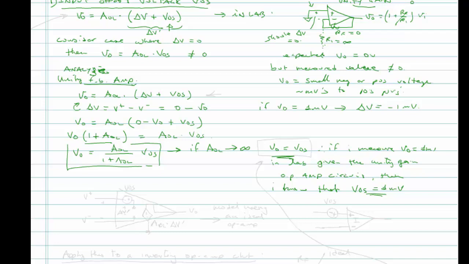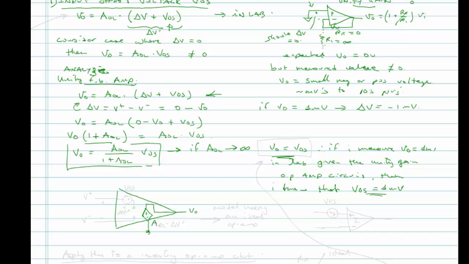So let's think about how we might modify our op-amp circuit schematic so that we can include this effect. Because this expression here, although correct, is not the most efficient or concise way to use it when you're doing op-amp analysis. So what I'm going to do is draw the op-amp. I will put in my controlled voltage source here, V out.